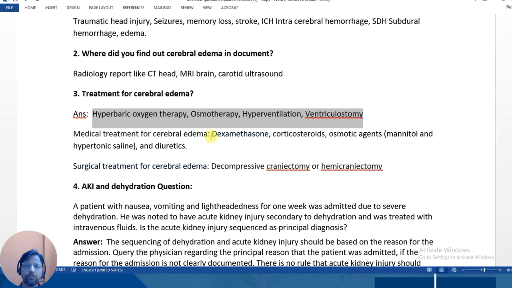The patient needs to be given dexamethasone, corticosteroids, osmotic agents like mannitol and hypertonic saline, and diuretics. And surgical treatment for cerebral edema is decompressive craniectomy or hemicraniectomy. Basically here, in order to relieve the edema, the physician needs to excise the cranium.